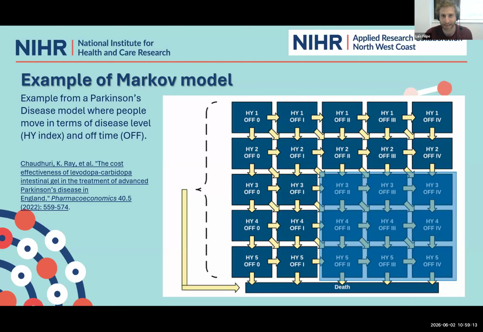But you can see that in this case, people can progress on two levels. They can progress on the HY index, and they can progress in terms of the off time that they have. So for instance, they can have HY index of 1, and they can have 5 levels of off time. So 0, 1, 2, 3, and 4.